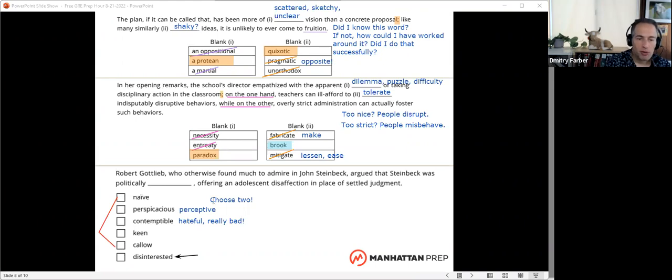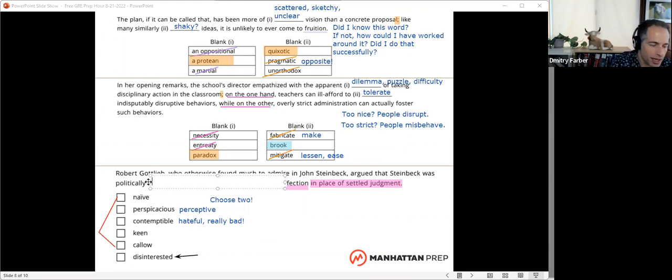And so one way to get this right is that there's only one word that pairs. But then we could also look back and say, hey, what am I contrasting? They're saying in place of settled judgment, he's offering an adolescent disaffection. You might not know what disaffection is, but you might say, hey, on the one hand, we might want him to give a judgment. On the other hand, he's acting like an adolescent. And so he's politically what?